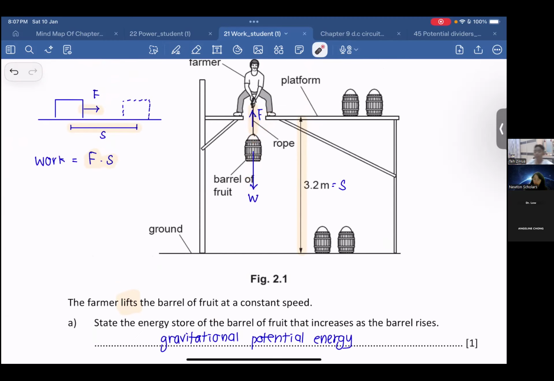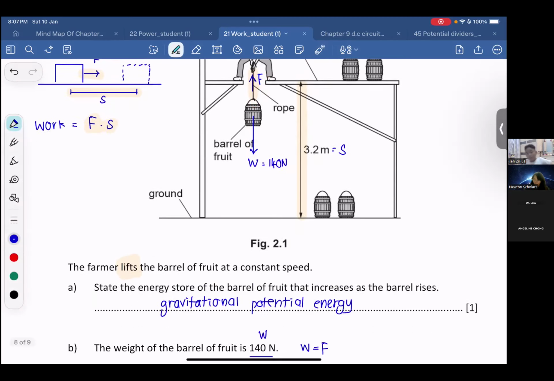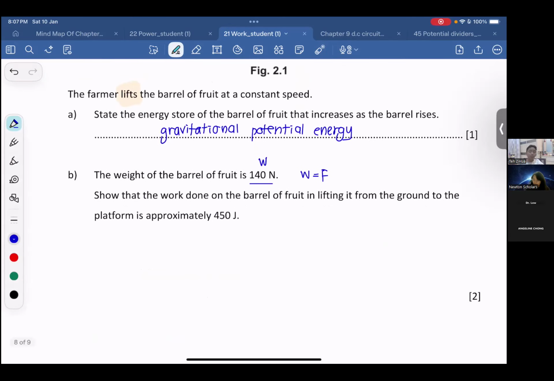So this 140 Newton is pointing downward. Show that the work done to lift it from the ground to the platform is approximately 450 joule. Work done is force times distance. The force that we need to apply is 140.